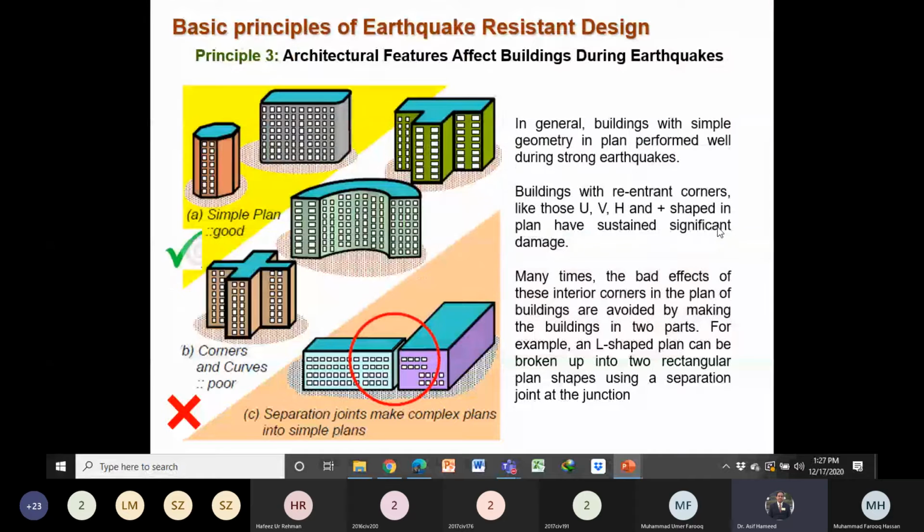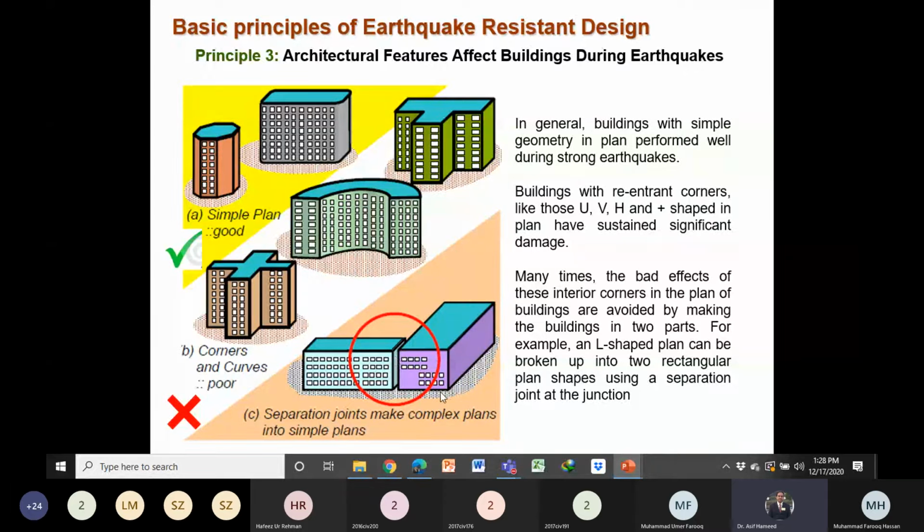Okay, the building should be simple in plan. It should not have reentrant corners. For example, U-shaped building, V-shaped building, H-shaped building, like these. They are poor at resisting the earthquake loads. Similarly, if the architect insists that the building shape will not be simple, then what can we do?